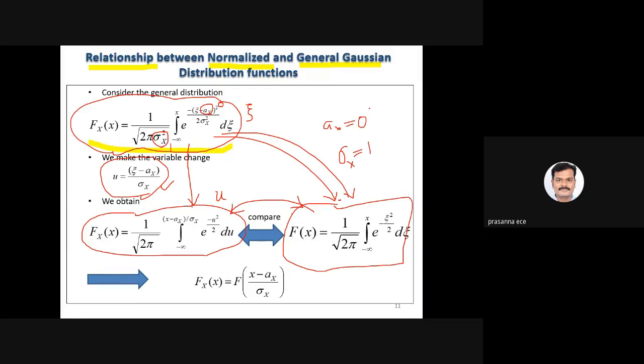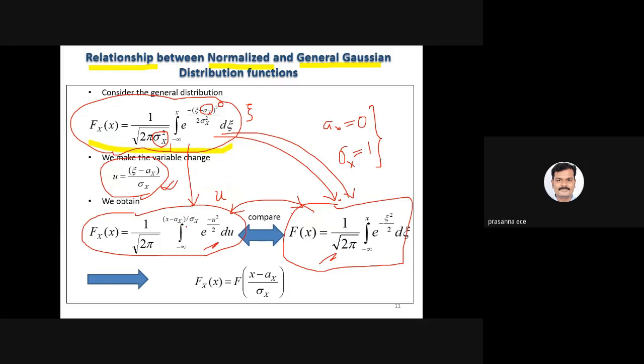So we came here by this normalizing operation, but from here to here we came by the substitution operation. But now we observe that this and this are the same, right? Only thing is they are written in a different form.